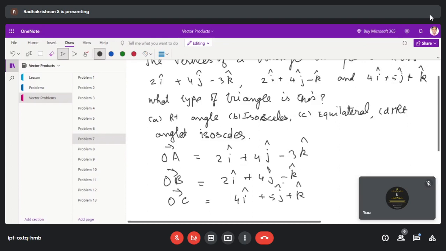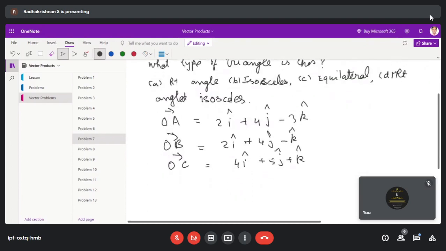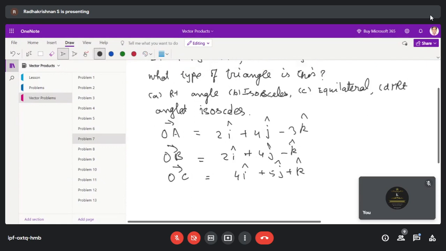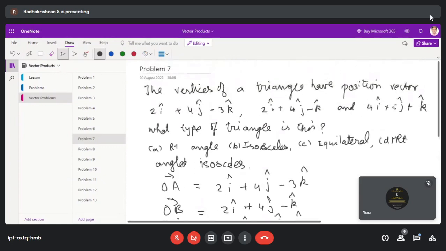Now from this, how will you write down AB, BC, and CA? Not equal, sir. Yeah, I think I have given the problem wrongly. Sorry.